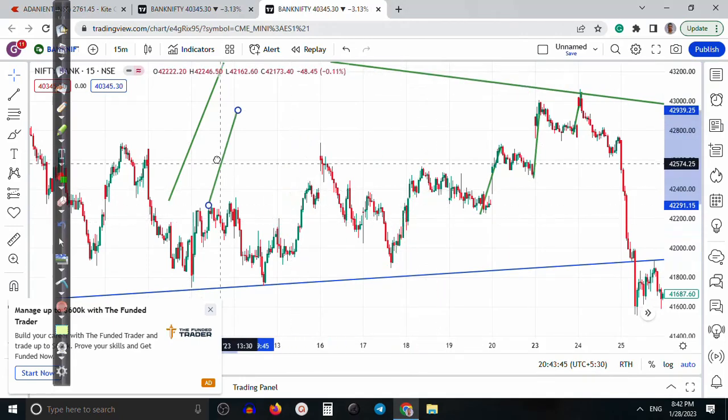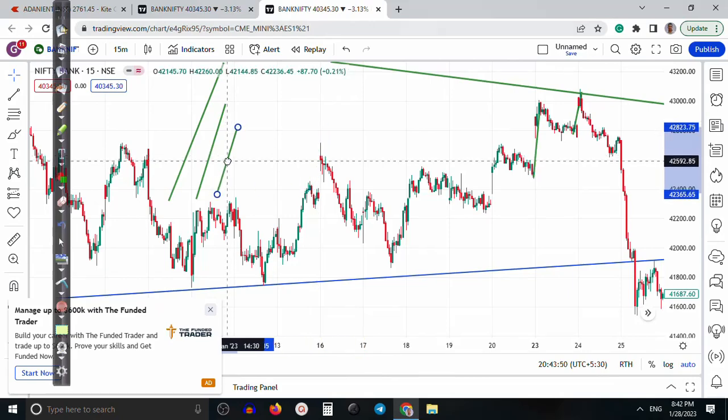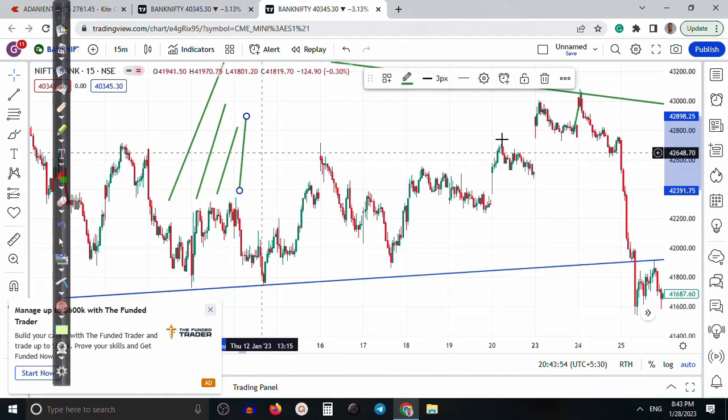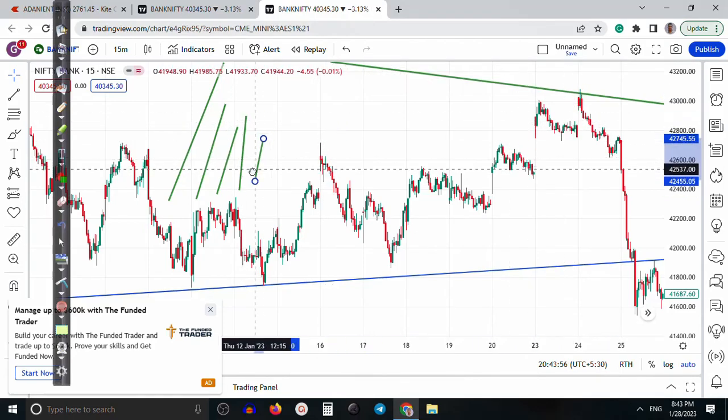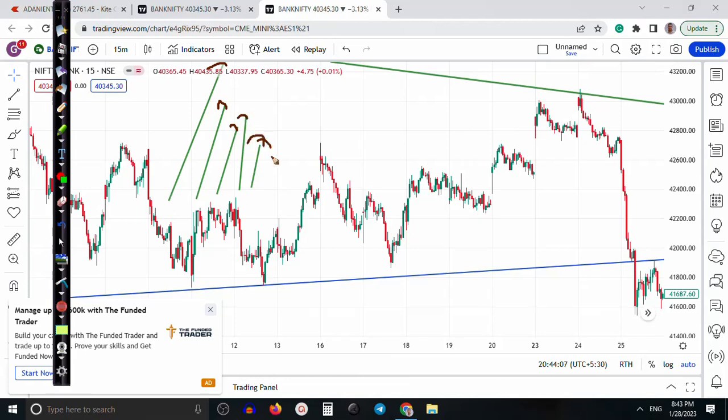Second energy, use this. Third attempt, fourth attempt, and the fifth attempt. So once he's trying to run, he gradually loses his energy. And finally, he lost all his energy near the resistance line, the diagonal resistance line, as I said.